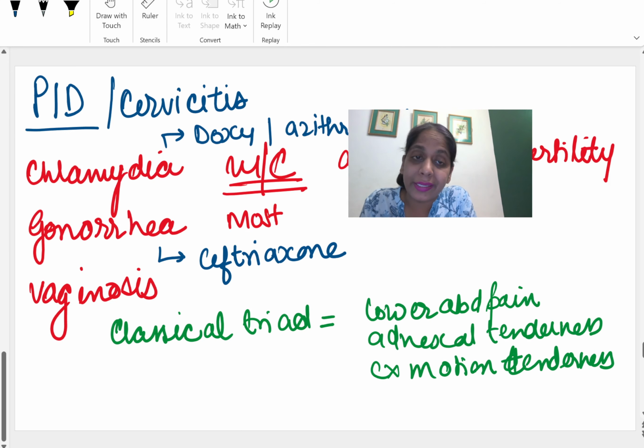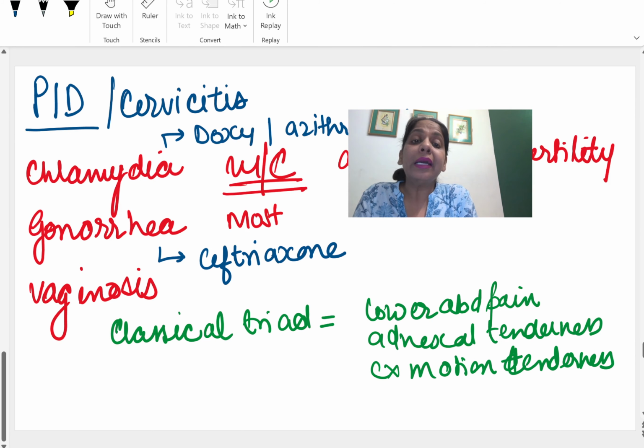That is why there is adnexal tenderness and cervical motion tenderness. The two clinical problems in which there is cervical motion tenderness are PID and ectopic pregnancy. So you have to remember, whenever the question gives cervical motion tenderness, it can be two cases: either PID or ectopic pregnancy.